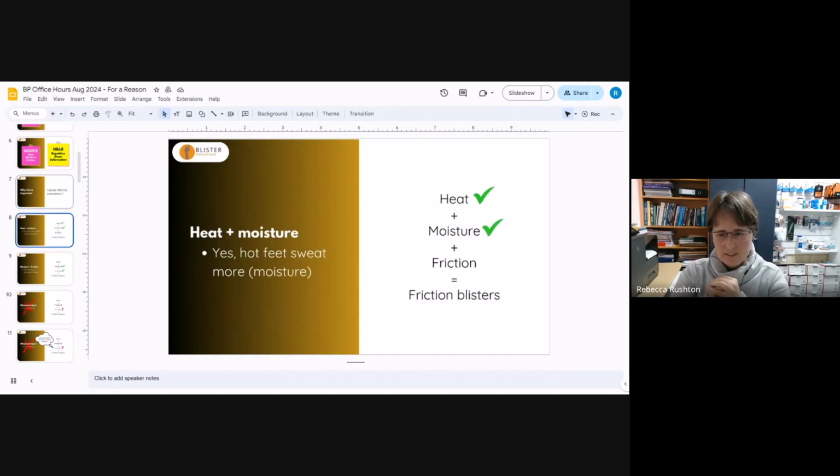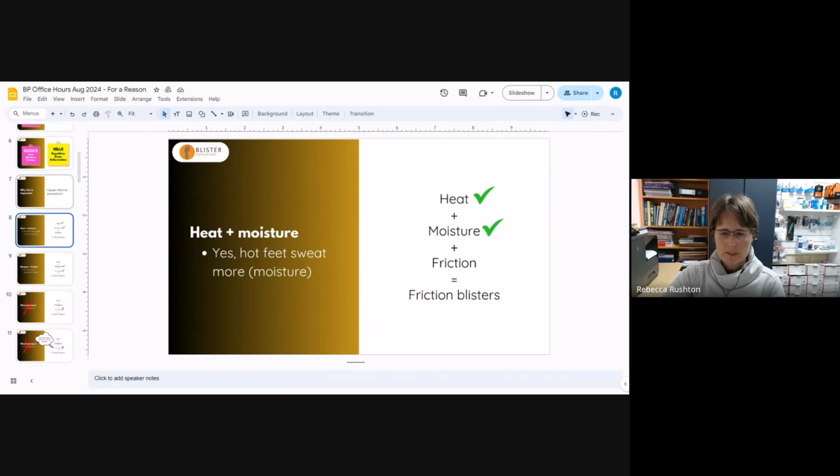So let's have a look at this heat, moisture, friction paradigm and go through each element to see where things are right, where things are wrong, and how we would change it. Together we're going to change this paradigm bit by bit to make it more accurate. We know that when we've got shoes on, and especially when we're exercising, our feet get hot and sweaty. So yes, they get hot and that creates sweat, which is a form of moisture.